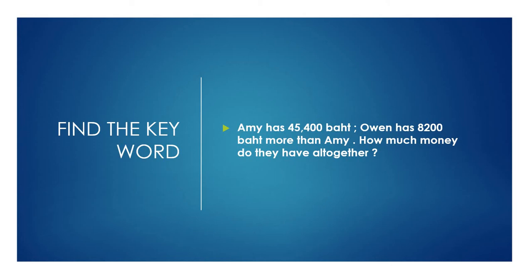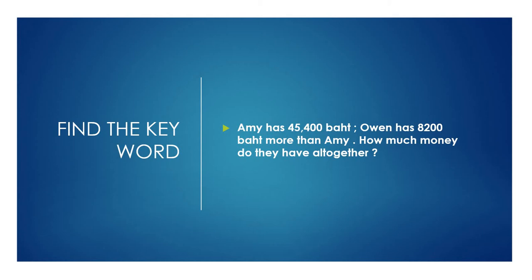So let's look for some more information that helps us to solve the problem. We know that Amy has 45,400 baht, and also we know that Owen has 8,200 baht more than Amy. The question asks how much they have all together.